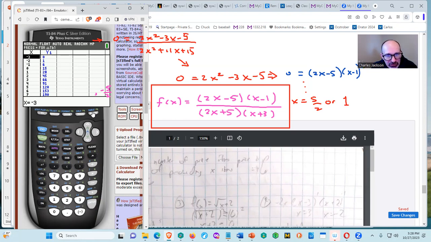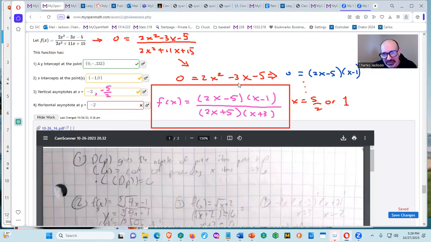And so that tells you that one of the factors is x plus 3. And then if you know that, it's kind of easy to get the other one, because you could do the synthetic. That's probably the easiest way. -3 from tech is one of the factors, and then you could use the synthetic to get 2x plus 5 as your depressed polynomial.